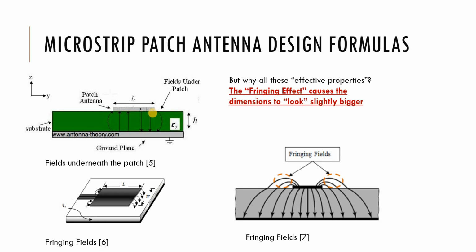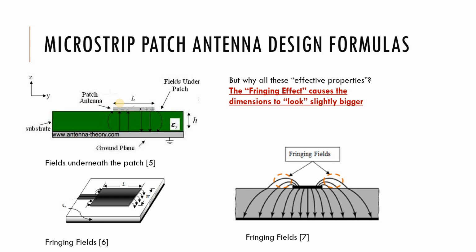So at the end of the patch antenna, the voltage is at its maximum, let's say plus V, and at the start point of the patch antenna, half a wavelength away, which is the length L, at this point the voltage must be minimum.